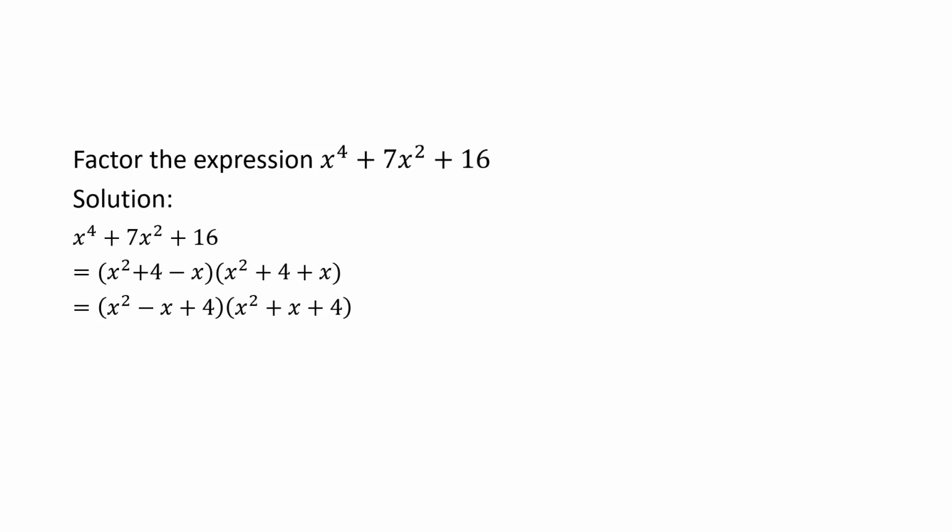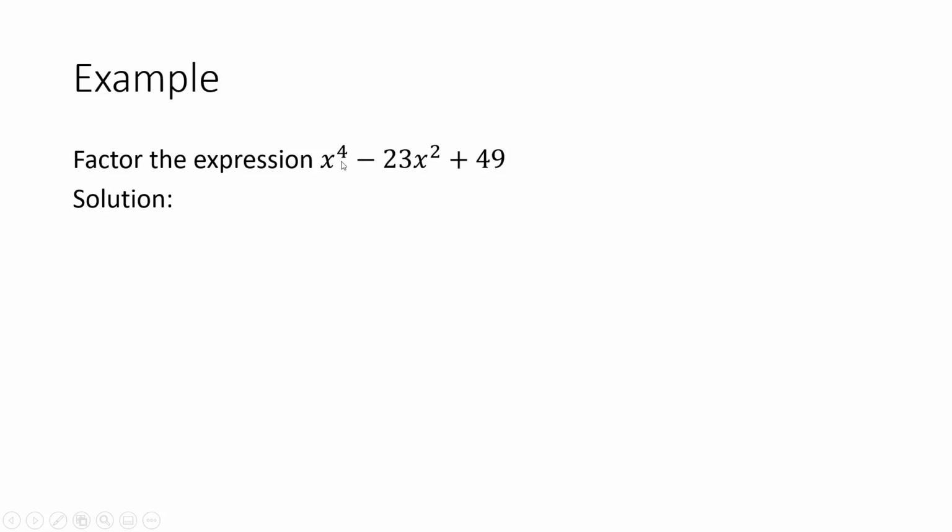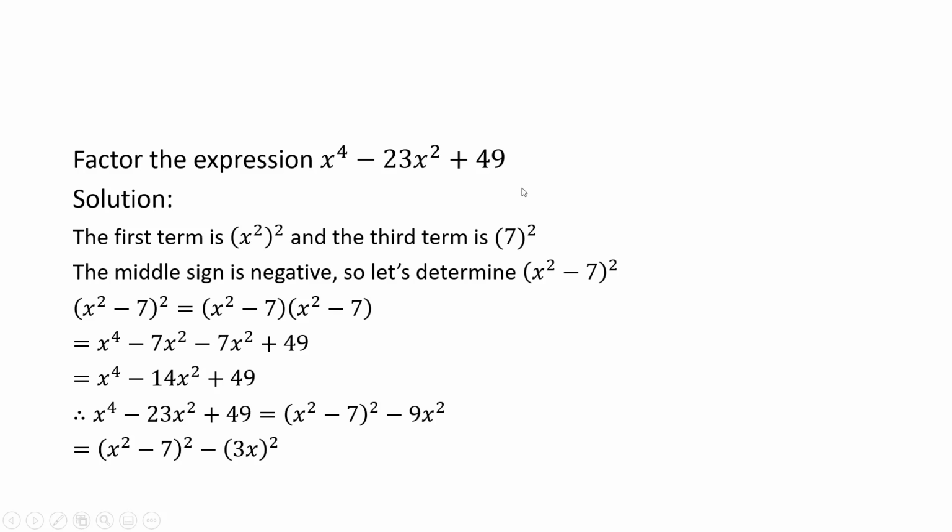We move on. So what if we were asked to factor this expression, x to the 4 minus 23x squared plus 49? Well, we see that our first term is x squared quantity squared, and the third constant term is 7 quantity squared. Now, we could ask ourselves, what is x squared plus 7 quantity squared?